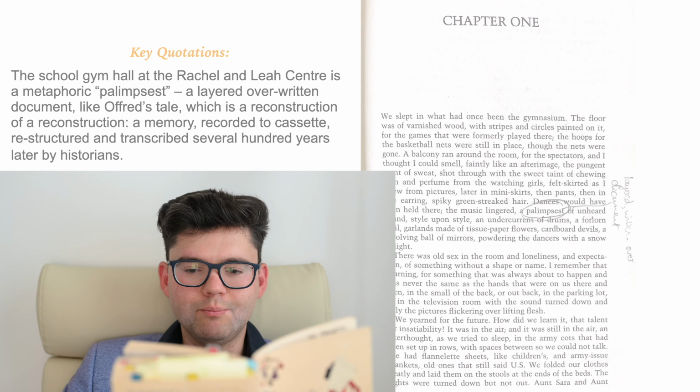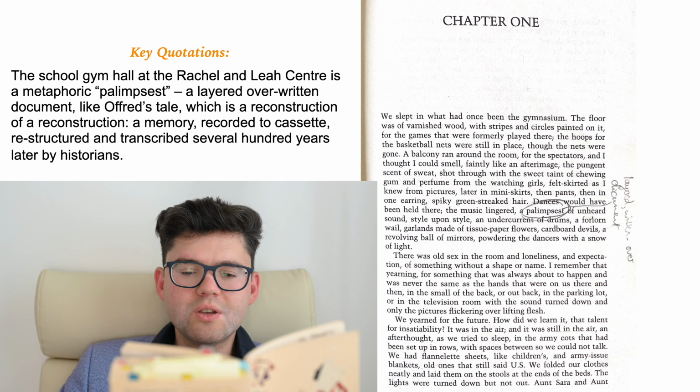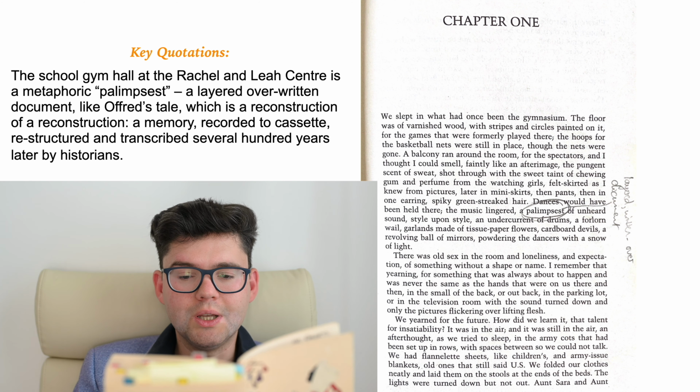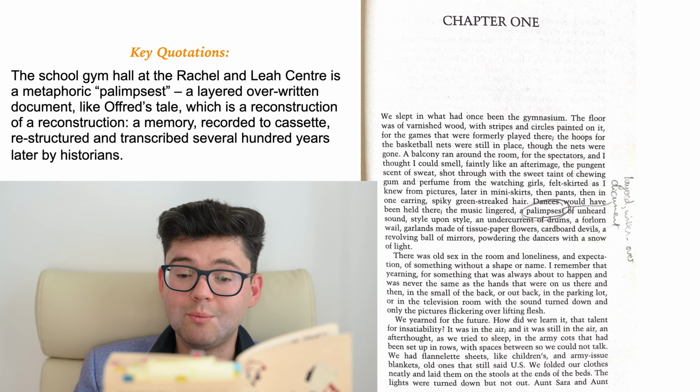We slept in what had once been the gymnasium. The floor was of varnished wood, with stripes and circles painted on it for the games that were formerly played there. The hoops for the basketball nets were still in place, though the nets were gone.